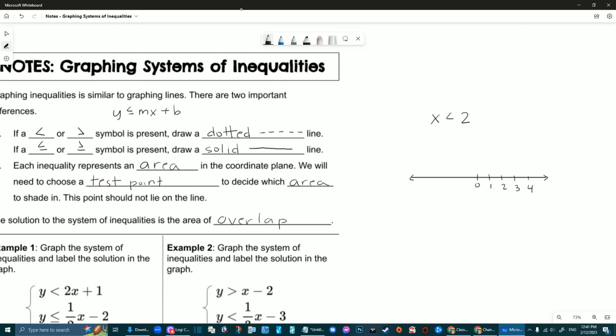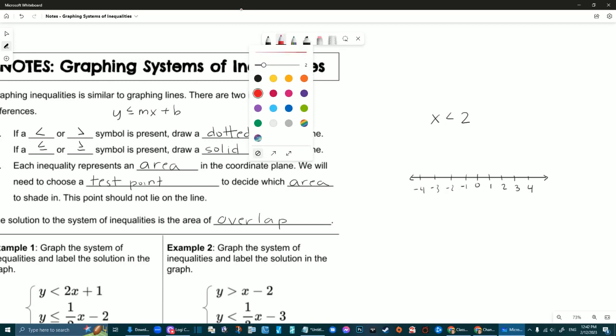So let's do that for this inequality and compare. If I wanted to represent x is less than 2 on a number line, the first thing I'd have to do is look at that symbol and decide filled-in circle or empty circle.